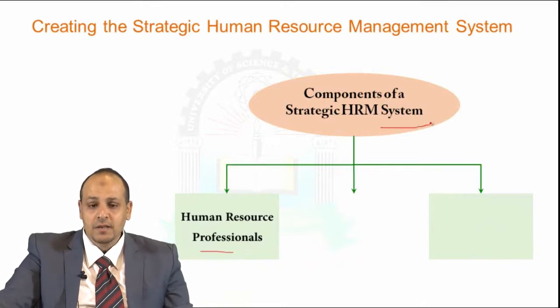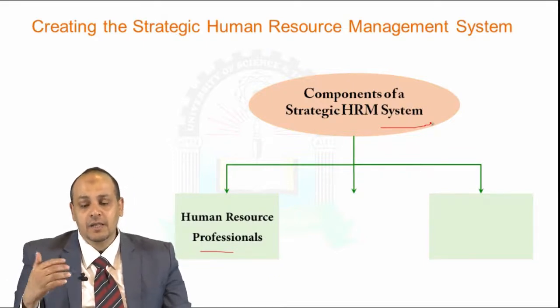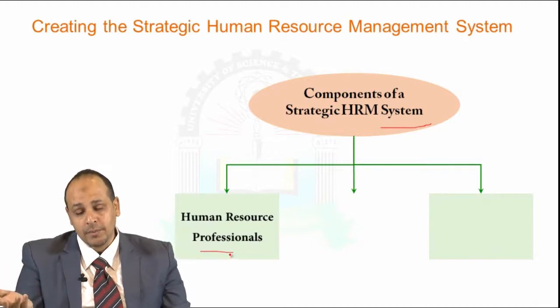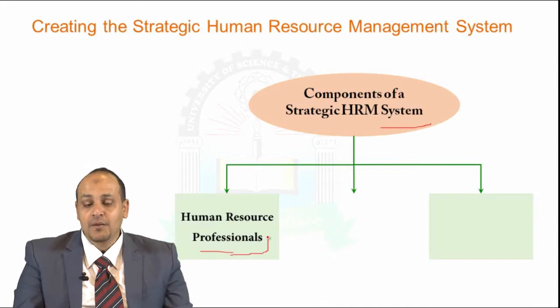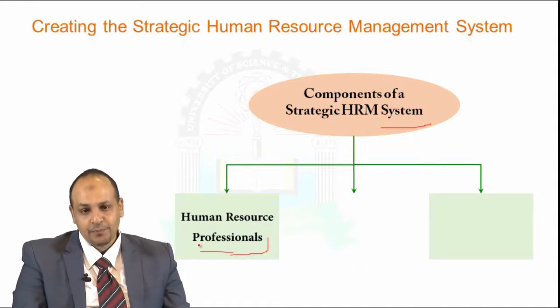Those professionals are well-trained and expert people who work in the department. They should be familiar with different strategies adopted by human resource departments. They should also be capable enough to spot the right employees with the right competencies that can support the organizational performance.